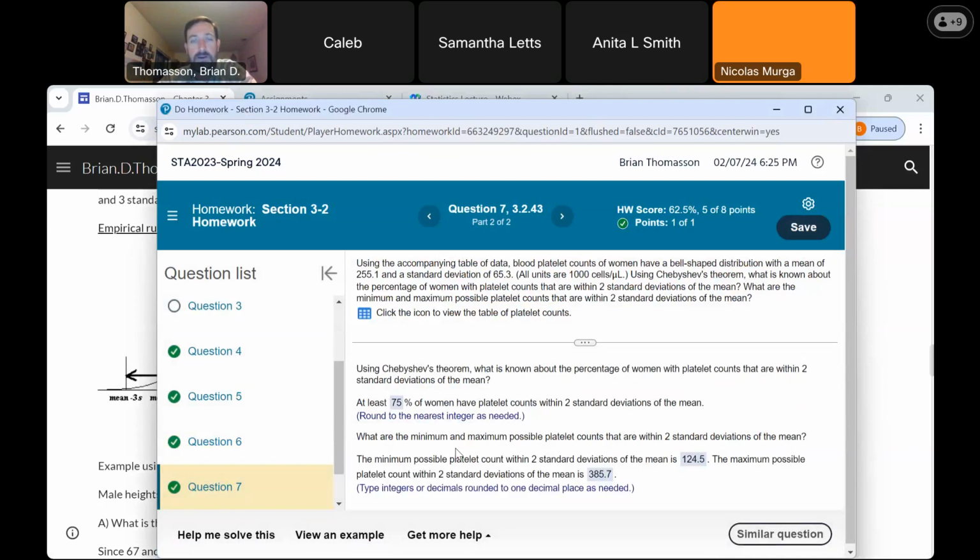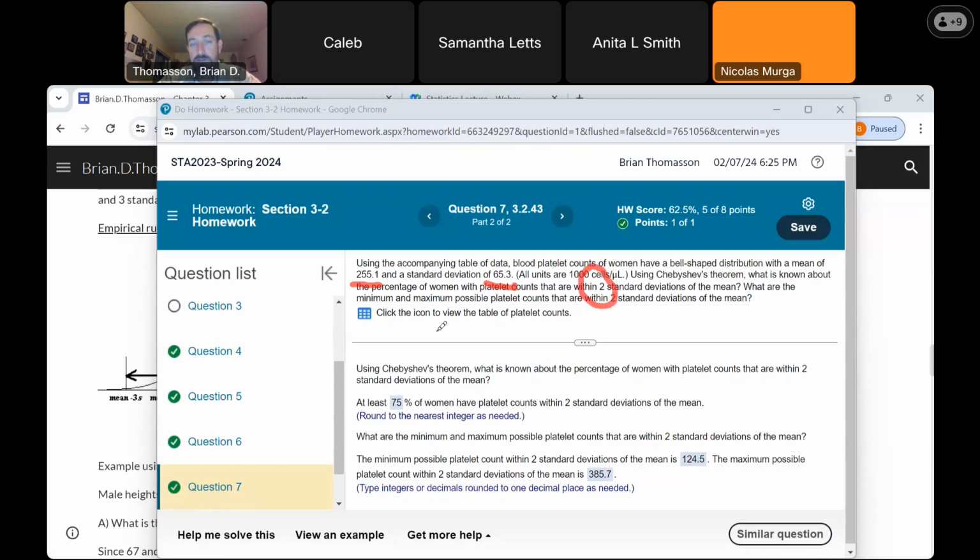And then we have our number 7, which is our Chebyshev's theorem. Here they again tell us we have a mean of 255.1 and a standard deviation of 65.3. It says using Chebyshev's theorem, what is known about the percentage of women with palate counts that are within 2 standard deviations of the mean? So we're interested in what percentage fall within 2 standard deviations.